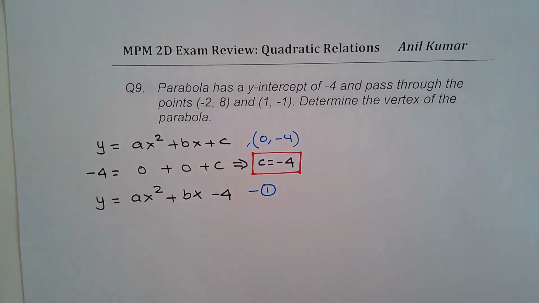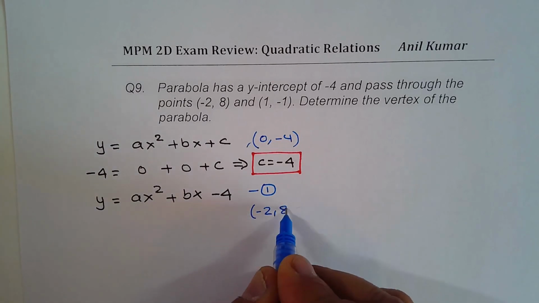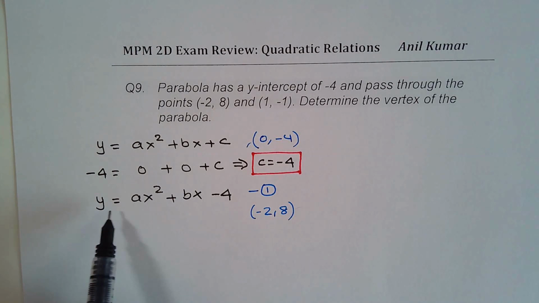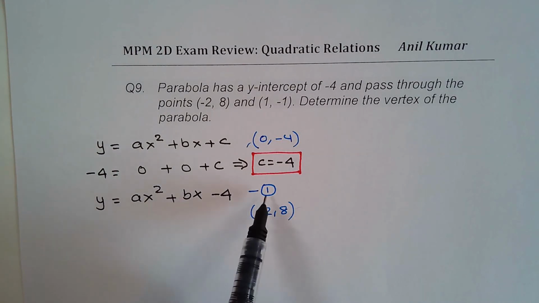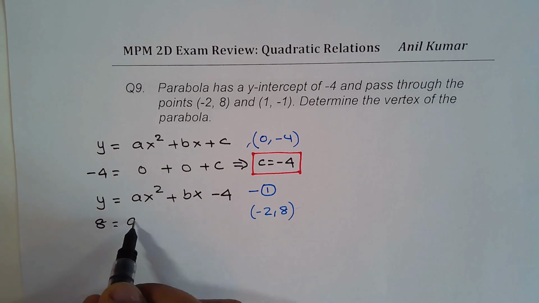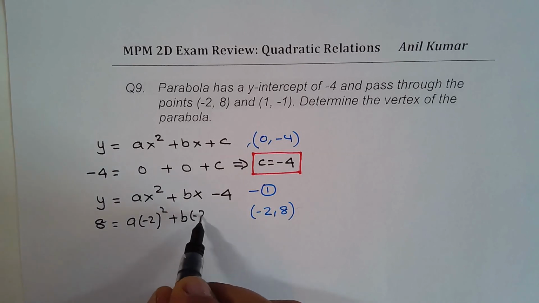Now we are going to use the other 2 points to find a and b. The second point is minus 2, 8. So let me substitute minus 2, 8 now in our equation, which is y equals ax square plus bx minus 4, which we are calling equation 1. So 8 is the value of y, minus 2 for x, so you get a times minus 2 square plus b times minus 2 minus 4.